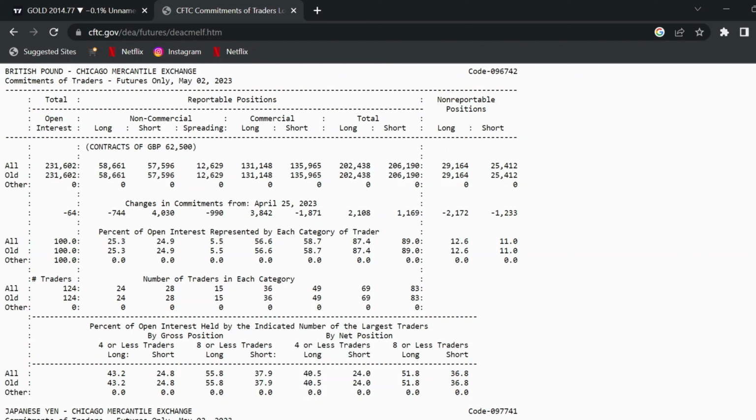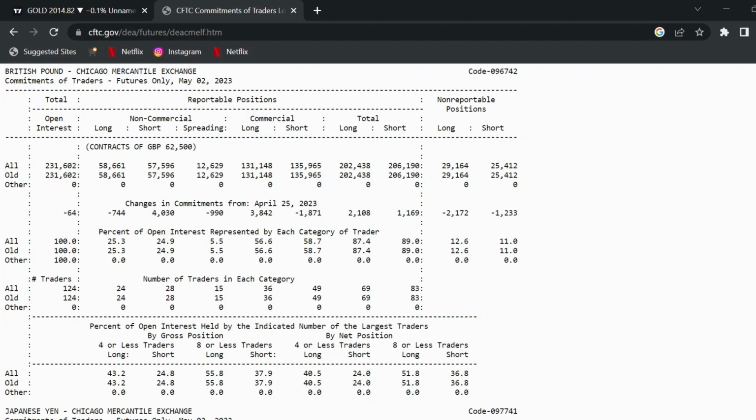And this report is so complicated and full of jargon. But what you should focus on are just a few things. Now let's take the British pound as an example.